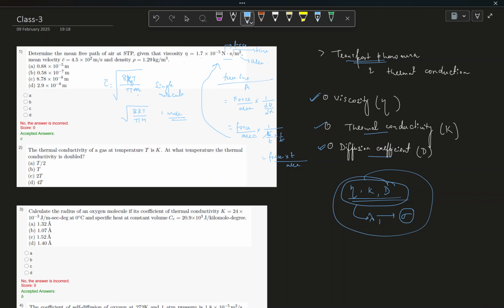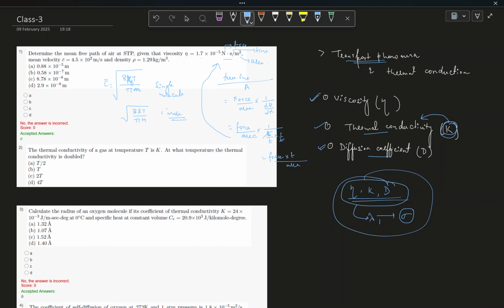So please be conscious about it: right now I mean Kb, the Boltzmann constant, K subscript b. Sometimes people also write it as K, but because standard K is denoted for thermal conductivity in this case, to avoid degeneracy we will write Kb for Boltzmann constant.